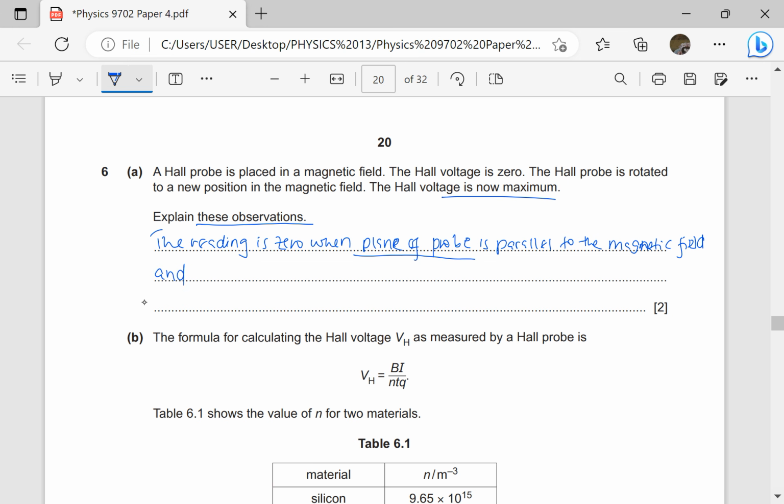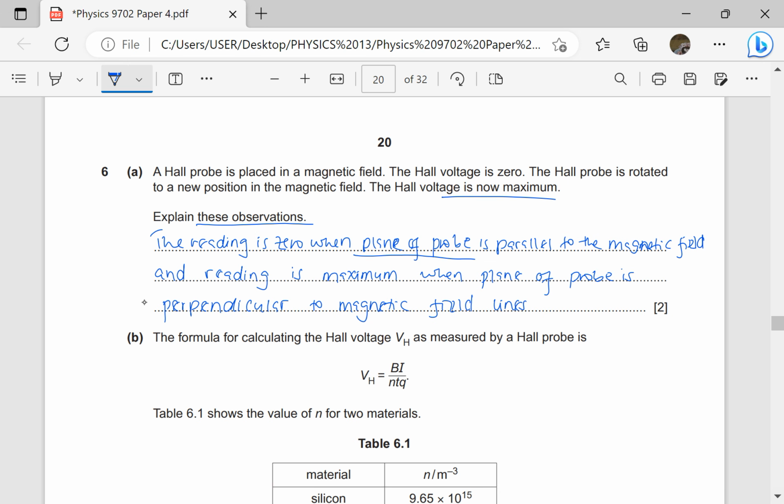And the reading is maximum when the plane of the probe, I want to be specific, not the probe but the plane of the Hall probe, is perpendicular to the magnetic field lines.